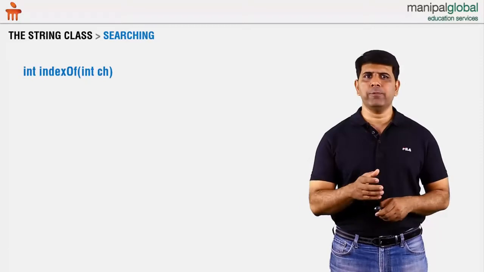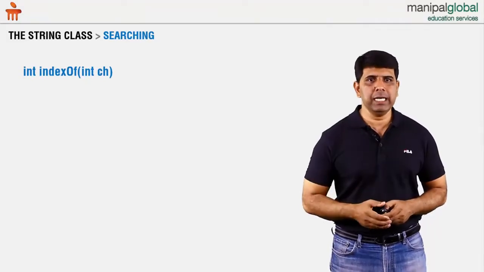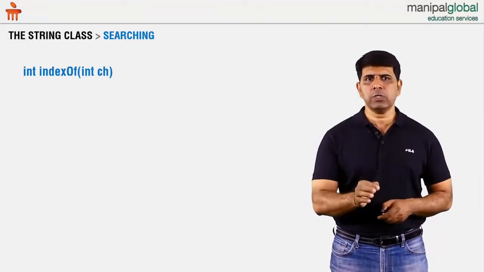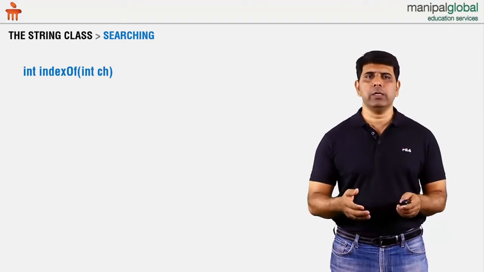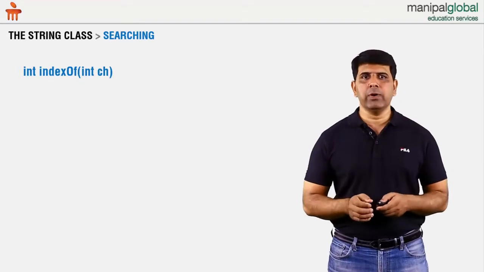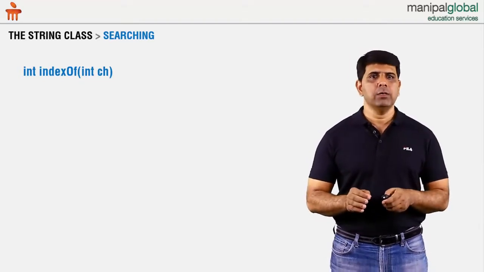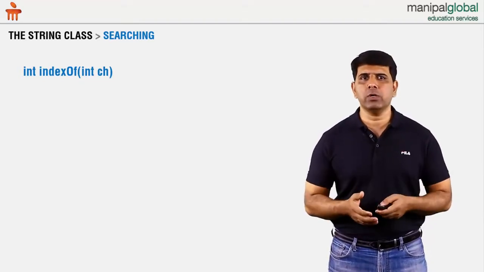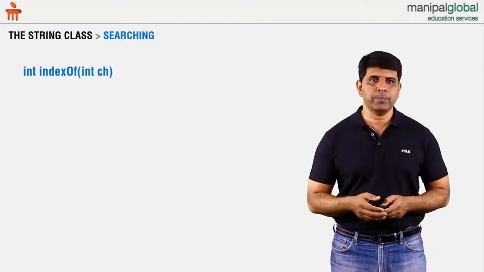Now let's see how to search a string within another string. There are many functions. There is indexOf. Now indexOf is overloaded to take different types of parameters. Note that the characters are given in the int format. Now that's basically the Unicode value of the character that you are looking for.